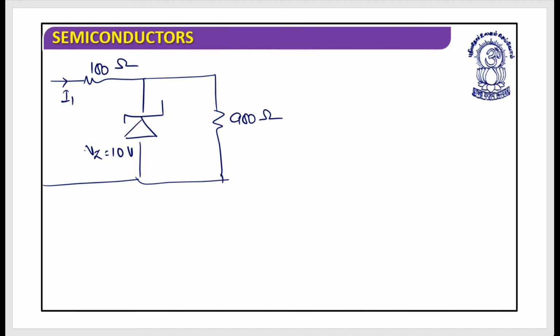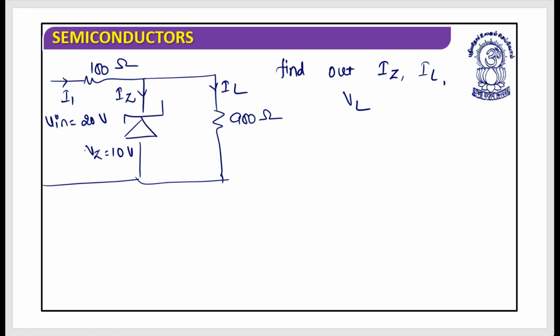A current I1 will pass through here, Iz from here, IL through here, and Vin, let's say, is 20 volt. What do you want? You want to find out Iz, IL, and VL.